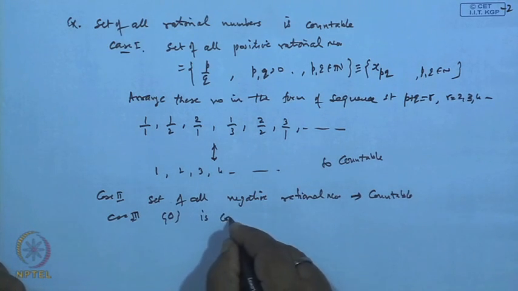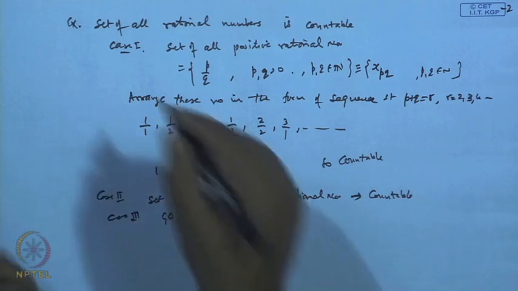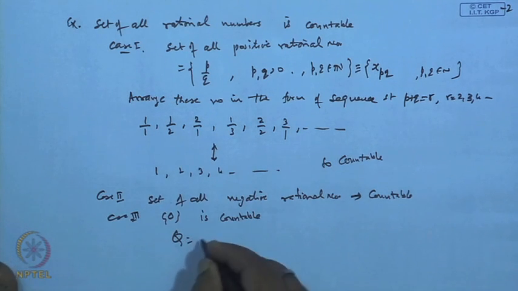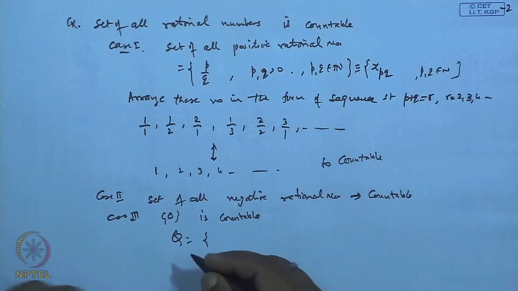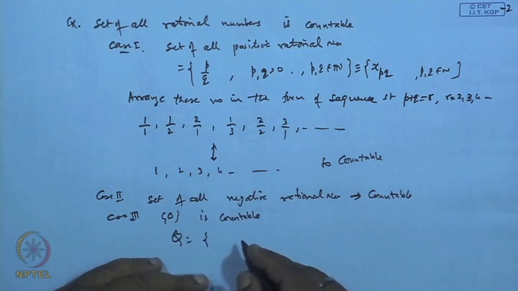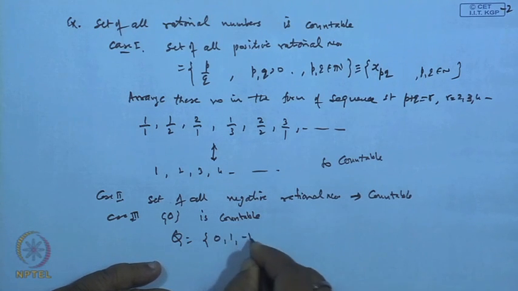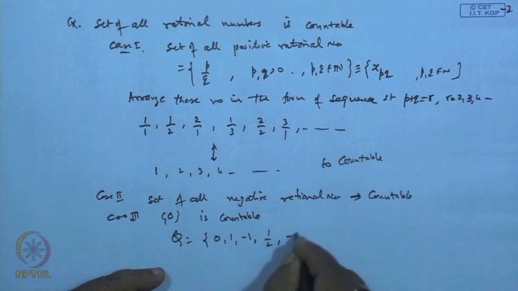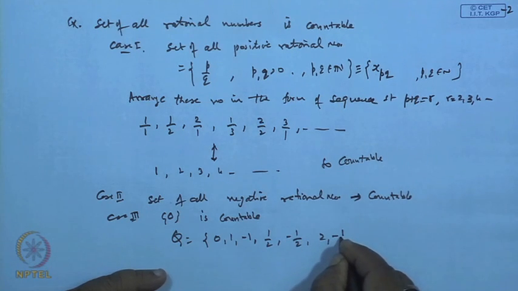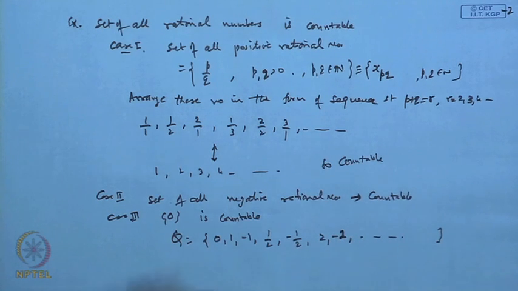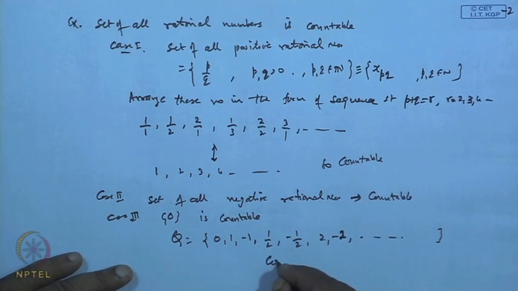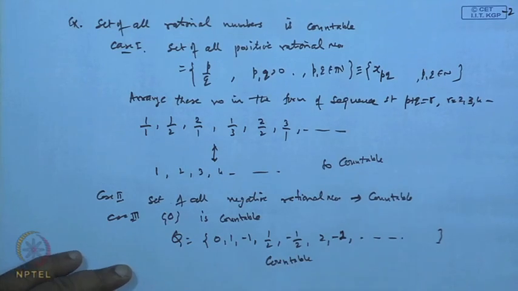So, if I take the union, the set of rational numbers is the set of all positive rational numbers, all negative rational numbers, and including 0. If we put it in this form: 0, 1, minus 1, half, minus half, 2, minus 2, and continue this way, plus and minus and all these things, then this entire set is countable, with a 1-to-1 correspondence.